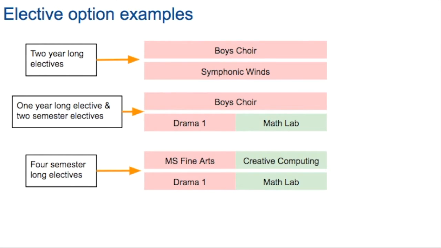You will choose between either 2-year-long electives, such as the example here, 1-year-long elective and 2-semester electives, shown as an example here, or 4-semester-long electives, shown in the example here.